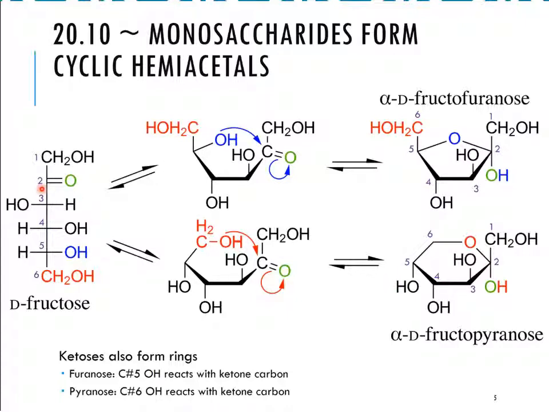So if we count, I'm going to use different counting than what's on here because we're looking at how many atoms are going to be in our ring. So this is our carbon that's going to get attacked. 1, 2, 3, 4, 5. So if we're making that 5-membered furanose ring, we're going to use the oxygen on carbon number 5.